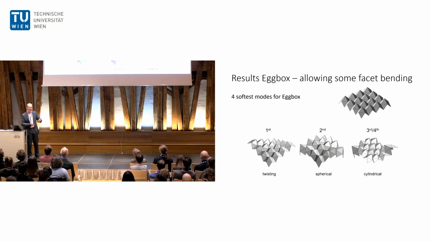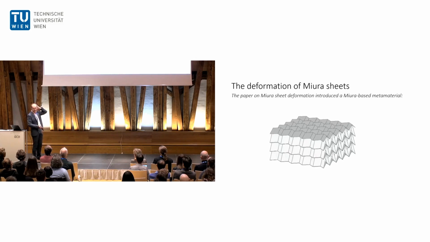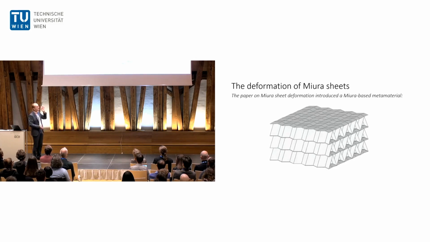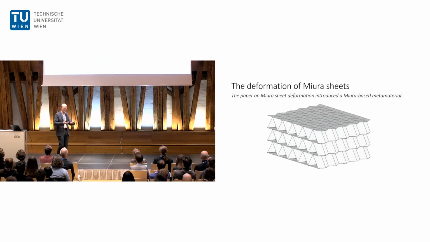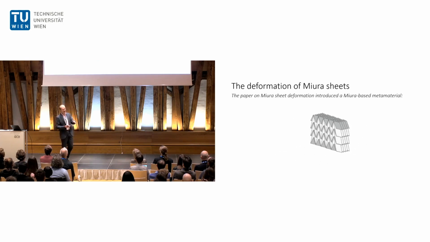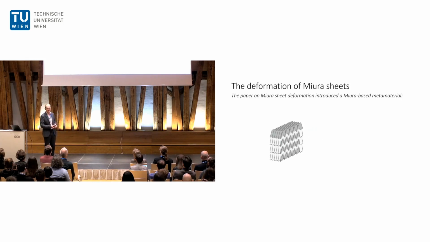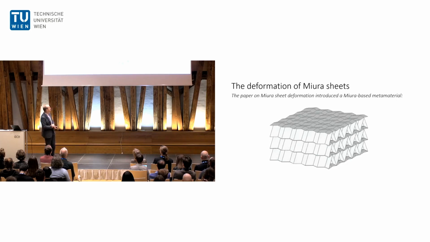But coming out of that work, and actually described in exactly the same paper, was a suggestion that a useful thing to do with Miura sheets might be to stack them together to form a metamaterial. So with Mark we built this. Mark noticed there was this compatibility in the geometry that you get between different Miura sheets, where however much you stretch them in the vertical direction, the in-plane deformation for the folding remains the same.